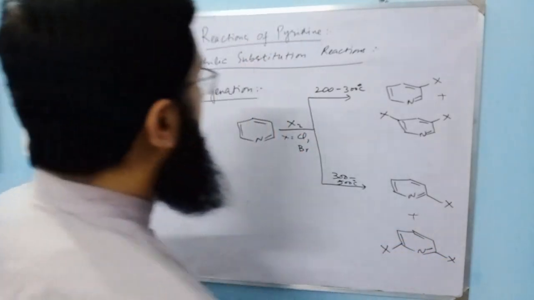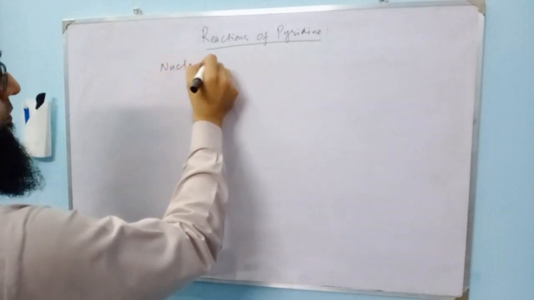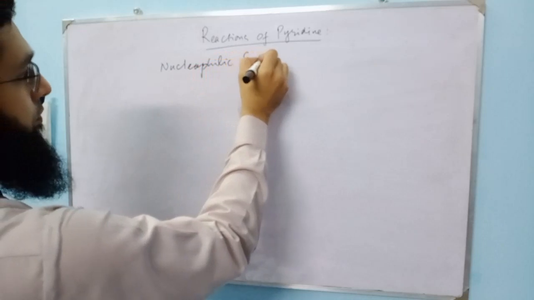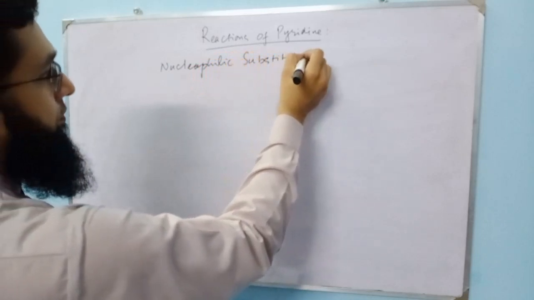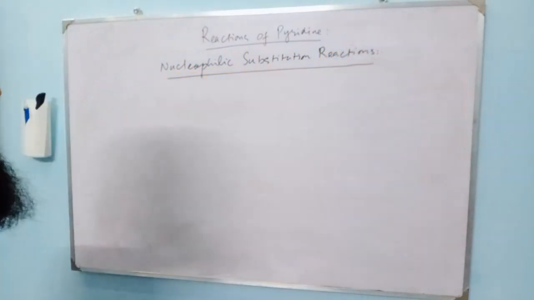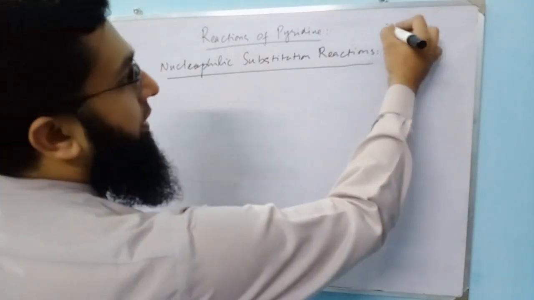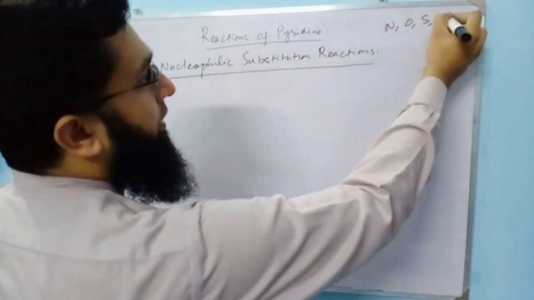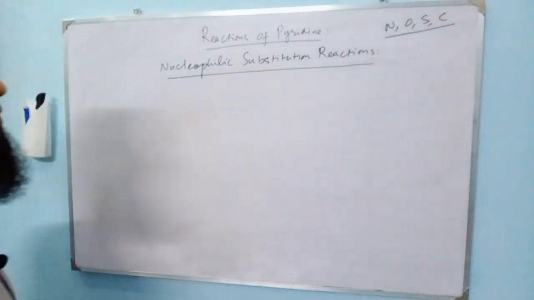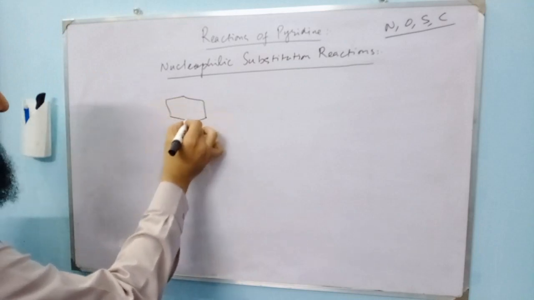Now we see nucleophilic substitution reactions. As we have talked earlier, that pyridine undergoes nucleophilic substitution reactions more readily as compared to electrophilic substitution reactions, and generally nitrogen, oxygen, sulfur and carbon based nucleophiles are used for these reactions. And for example, we see a general reaction for this.